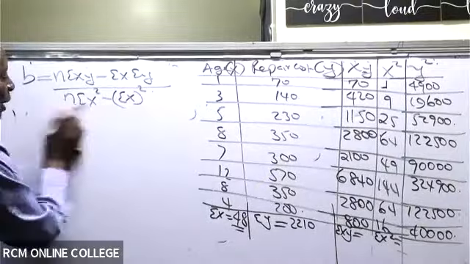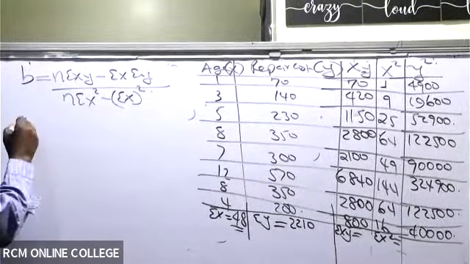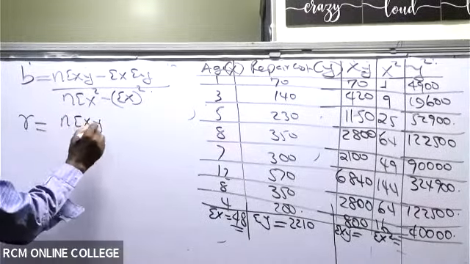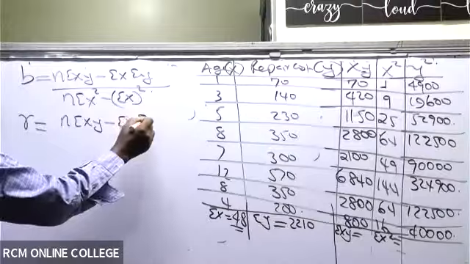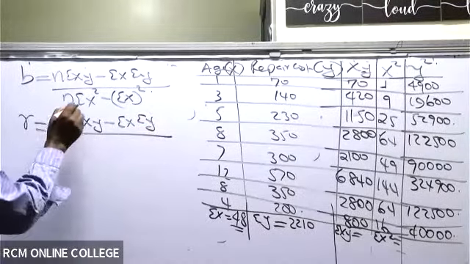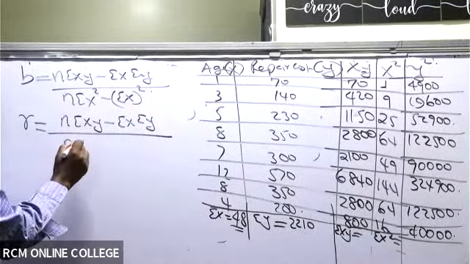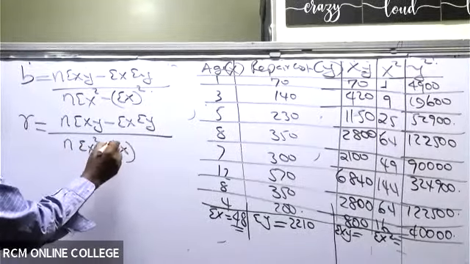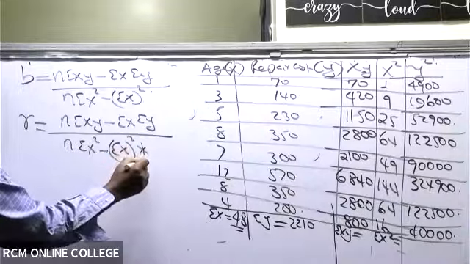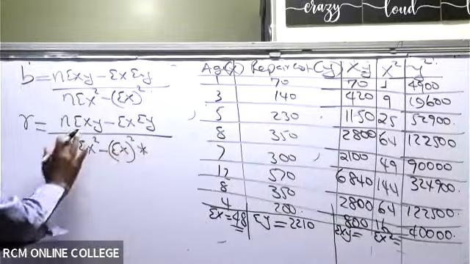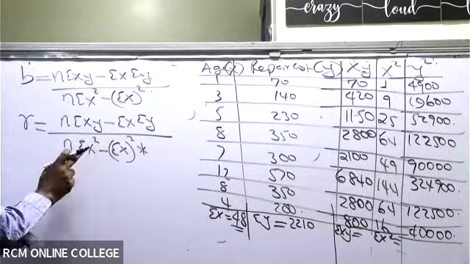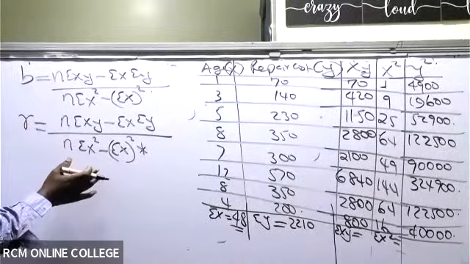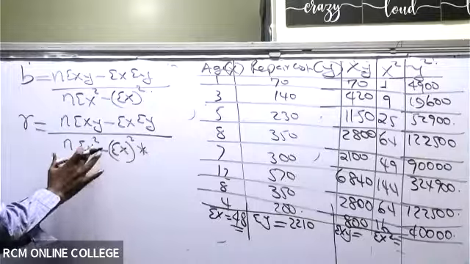To get our R, this is what we do. The numerator will be the same: n summations of xy minus summation of x, summation of y, all over this. Then n summations of x squared minus summation of x squared, times the same style but now replaced with y, because you are correlating two variables.